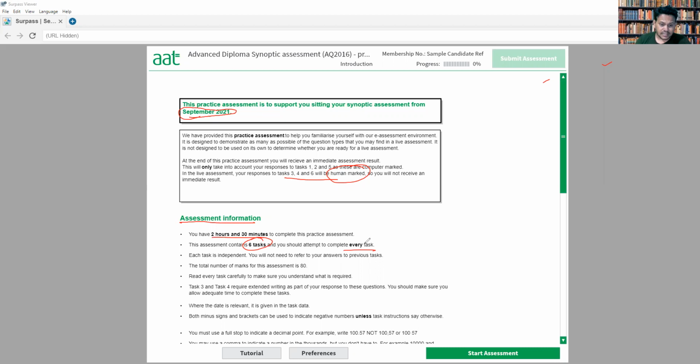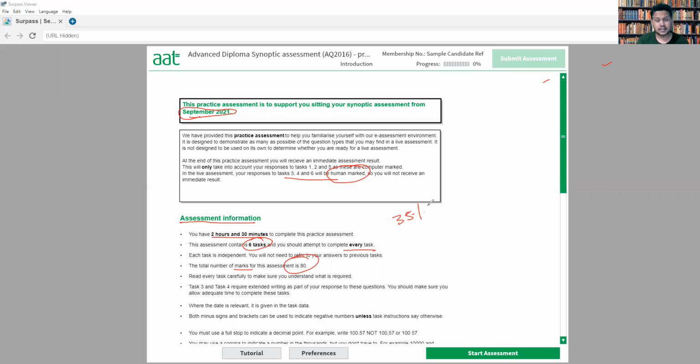Then the rest of the thing is kind of similar. So we have 80% as the total marks for this assessment, and the total contribution to the overall grade for this Synoptic paper will be 35%. So on your overall score, the contribution from this paper will be 35%. And the rest of the thing is very normal.